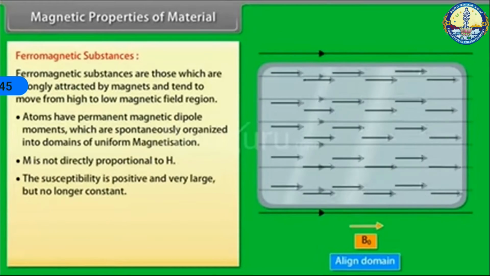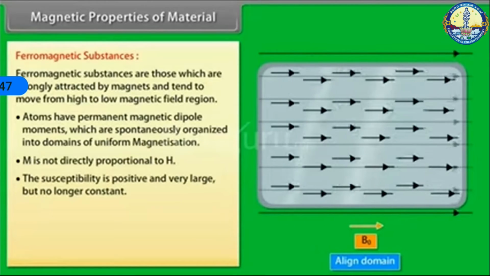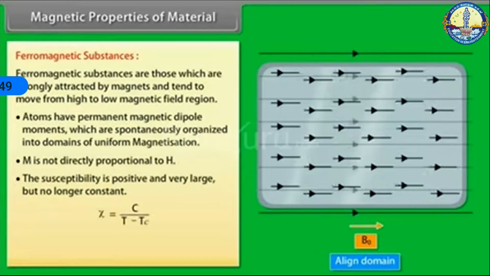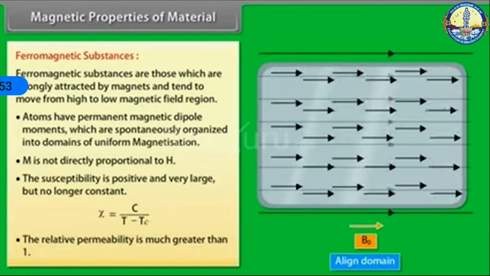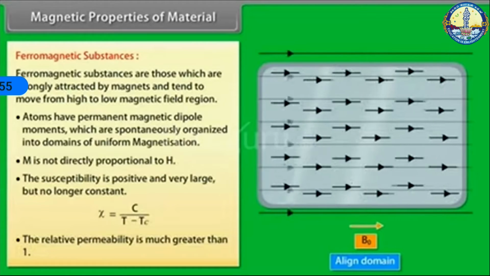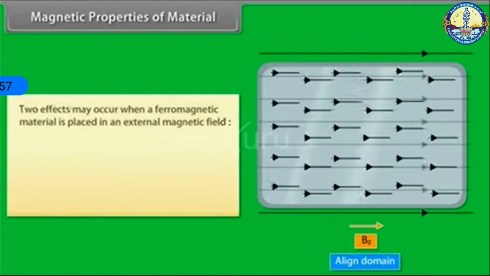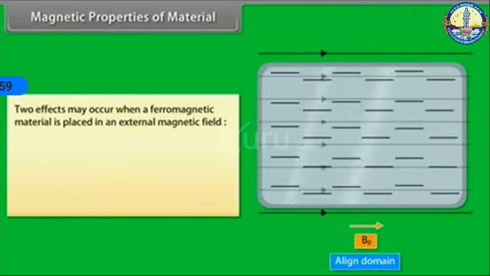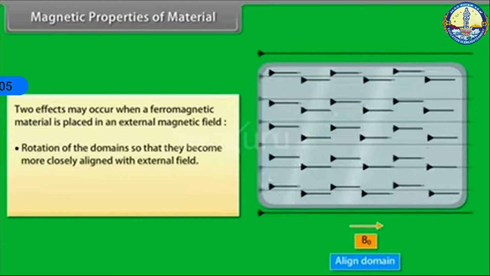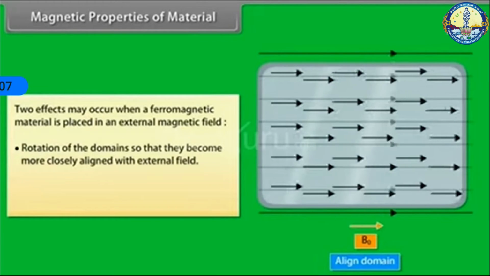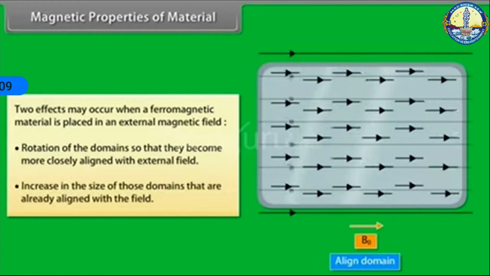M is not directly proportional to H. The susceptibility is positive and very high but no longer constant. So chi is equal to C by T minus Tc. Here the relative permeability is much greater than 1. So here two effects may occur. When a ferromagnetic material is placed in an external magnetic field, there is rotation of the domains so that they become more closely aligned with the external field.